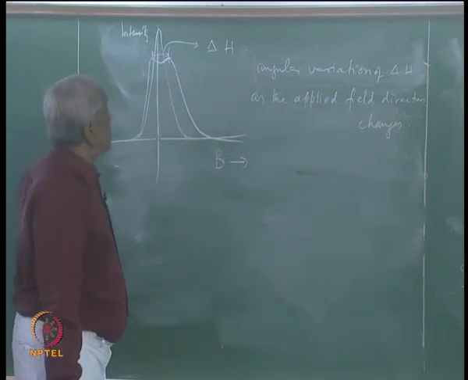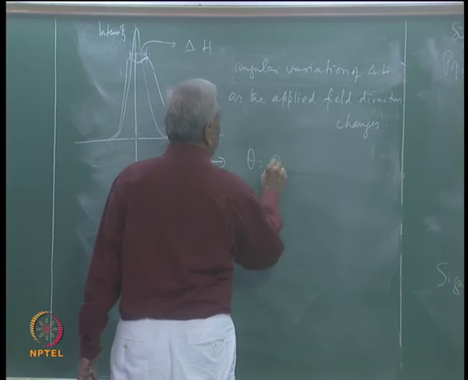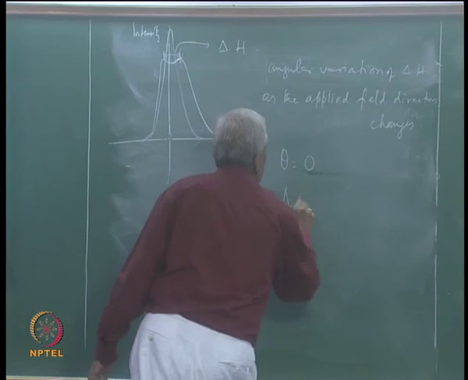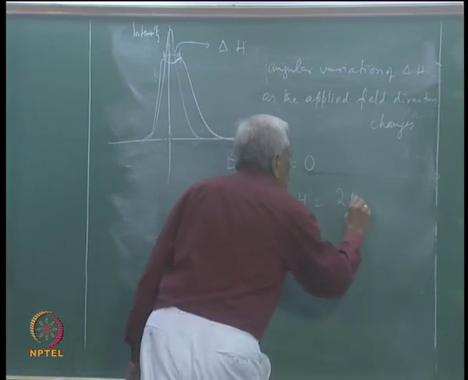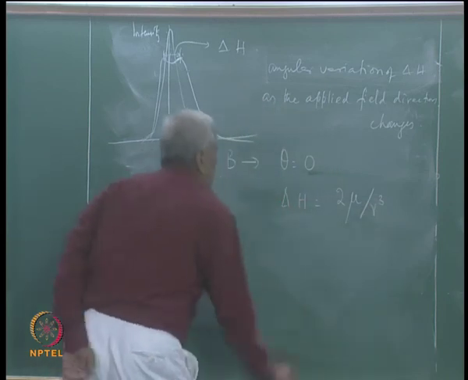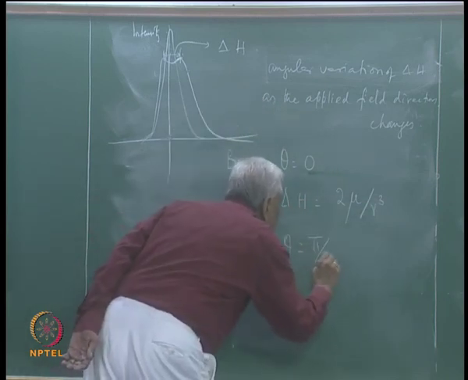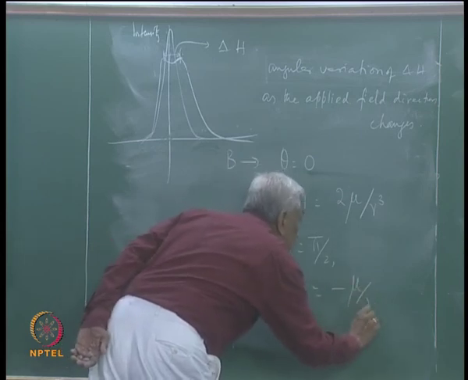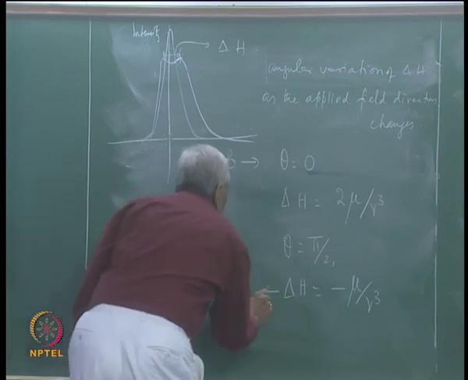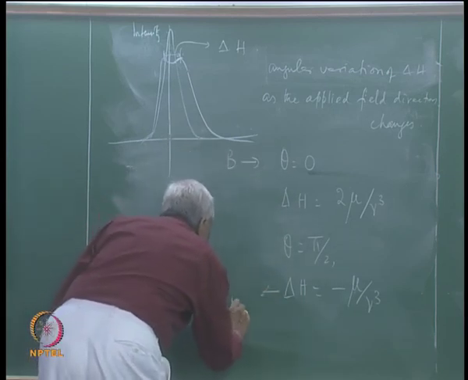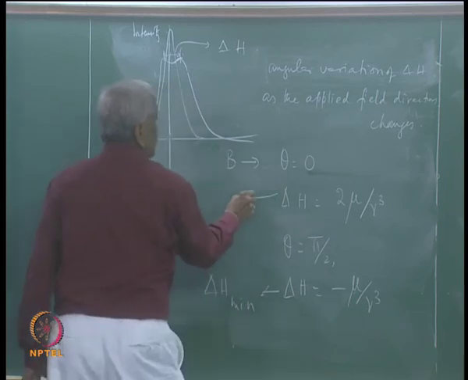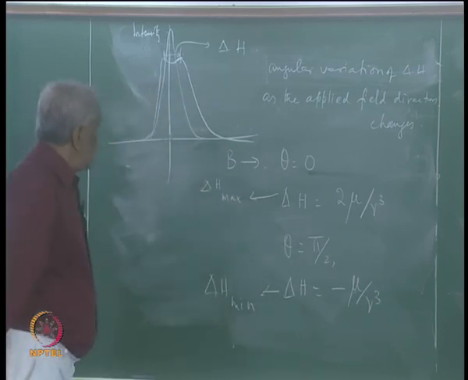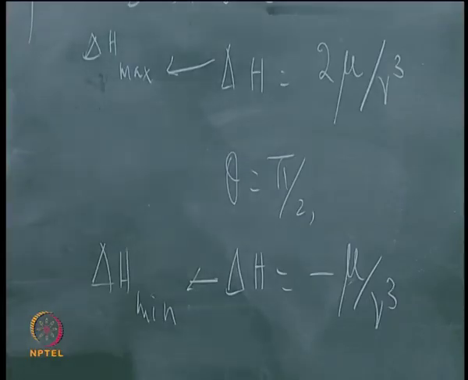In particular, when theta is 0, 3 cos square theta is 3, and therefore delta H is just 2 mu by r cube, whereas for theta equal to pi by 2, delta H has its minimum value, which is minus mu by r cube. So, this is delta H minimum, and this is delta H maximum. The splitting varies between these maximum and minimum values.